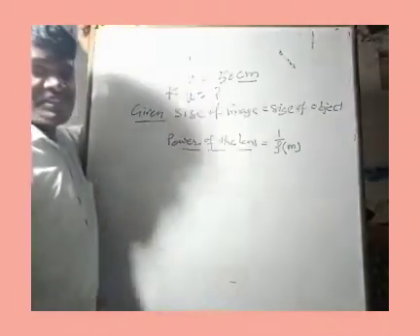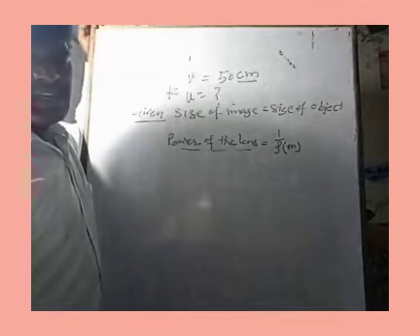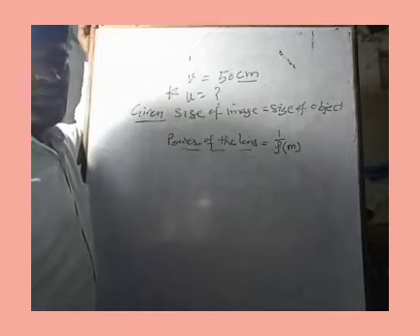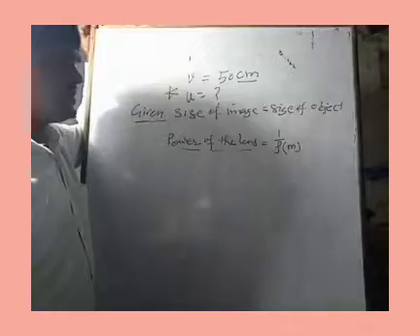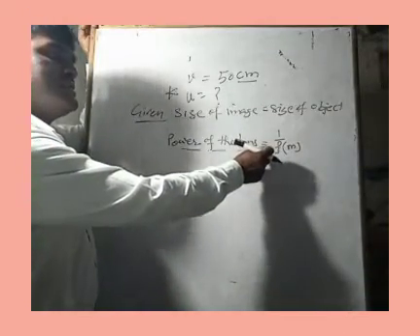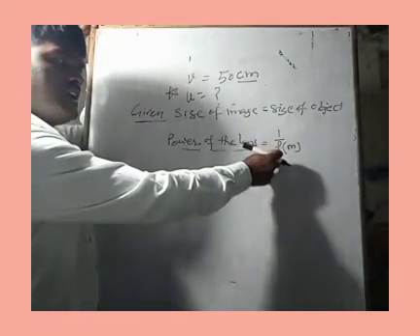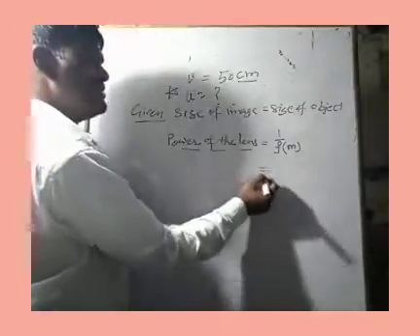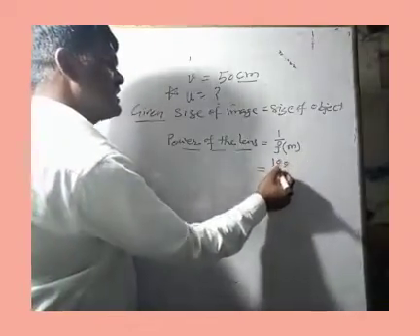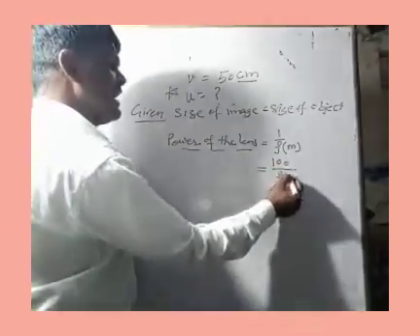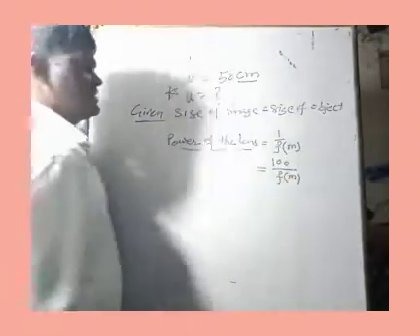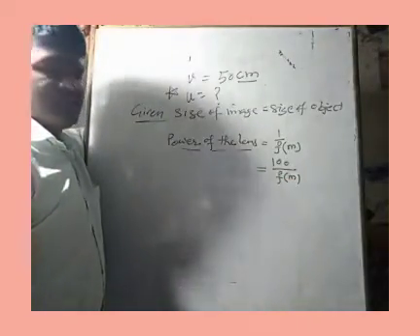When this focal length is measured in meter, in that case we can write power of lens like that. If it is given in centimeter, then it can be written as 100 by f meters.